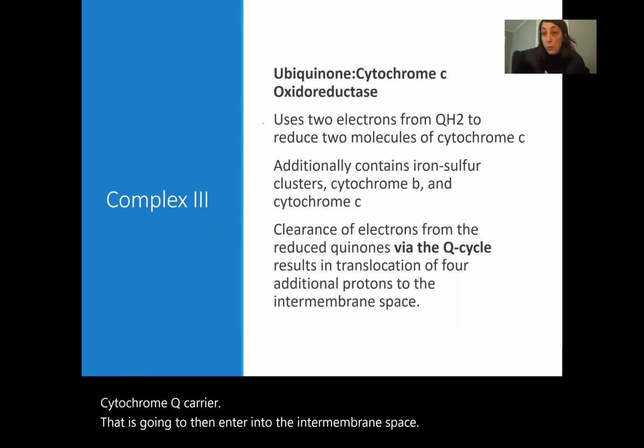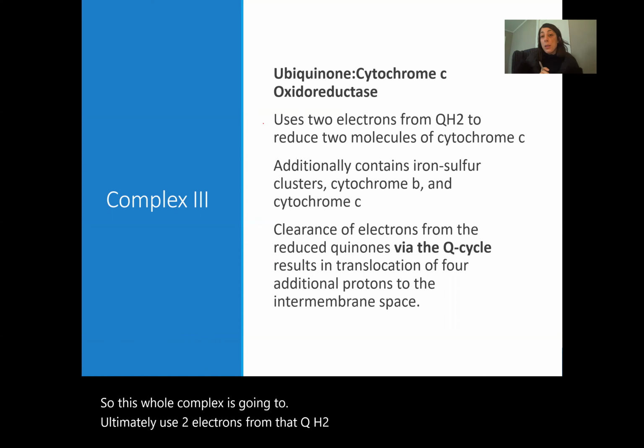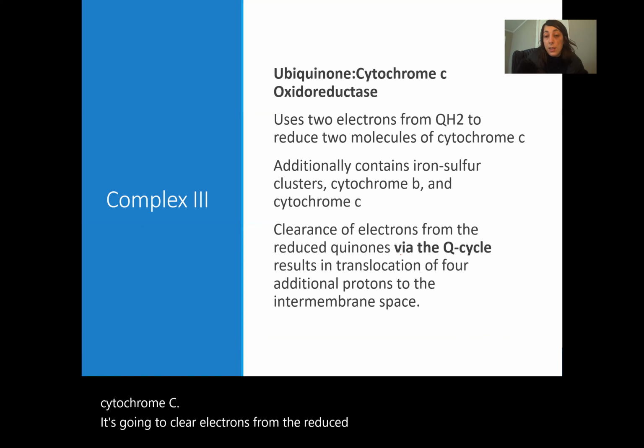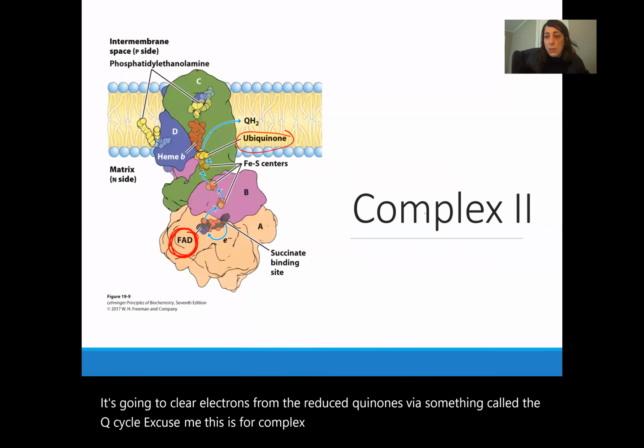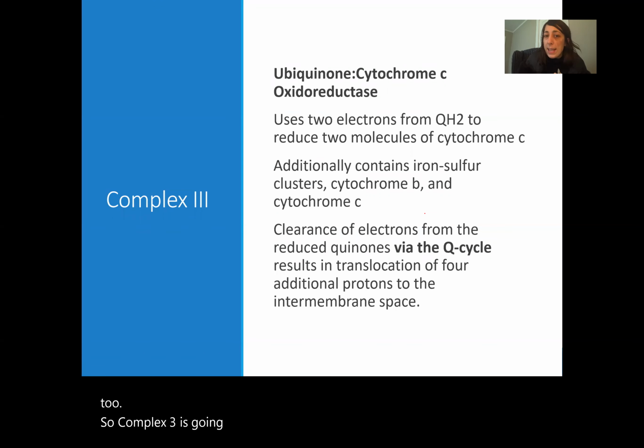So this whole complex is going to ultimately use 2 electrons from that QH2 and reduce 2 molecules of cytochrome C. It's going to clear electrons from the reduced quinones via something called the Q cycle. Excuse me, this is for complex 3, what we just talked about, complex 2. So complex 3 is going to be taking electrons from those coenzyme Qs.